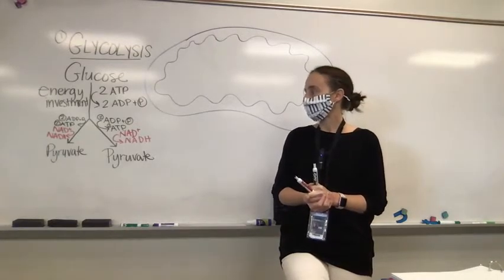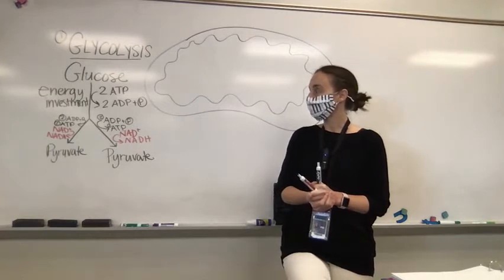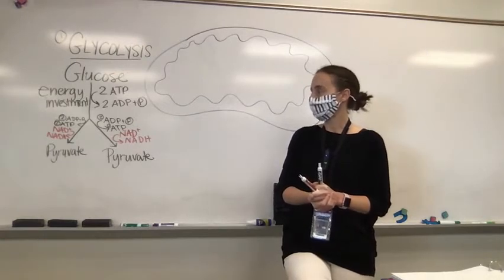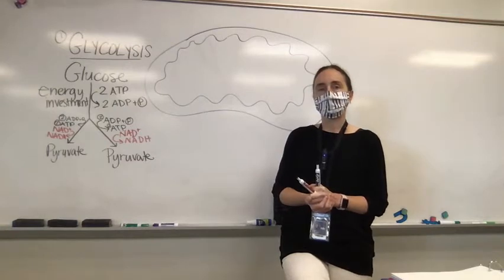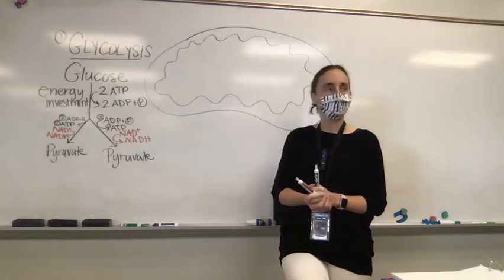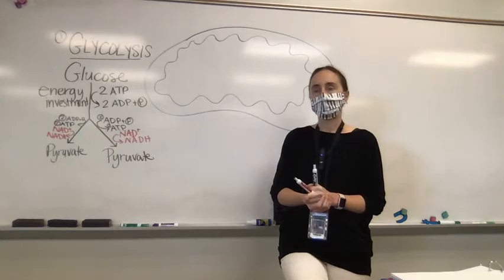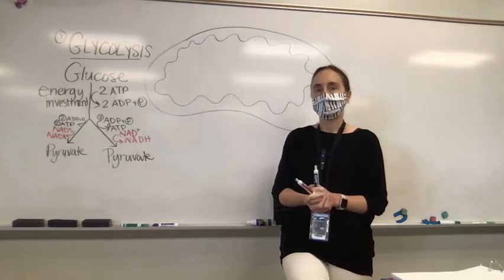But in that phase, it actually gets a total of 4 ATP, 2 from each side, and it also gets 2 NADH, electron carriers, okay? Winds up with a molecule called pyruvate. So now glucose has turned into pyruvate. Good? Pyruvates are a 3 carbon molecule where glucose was 6.